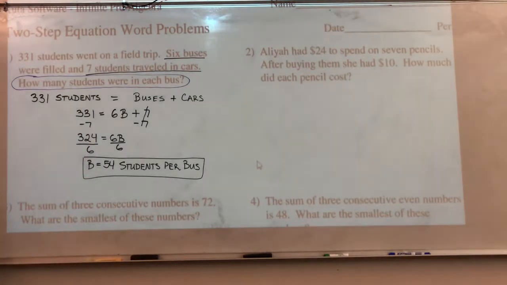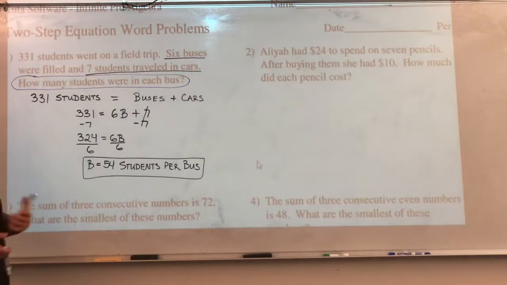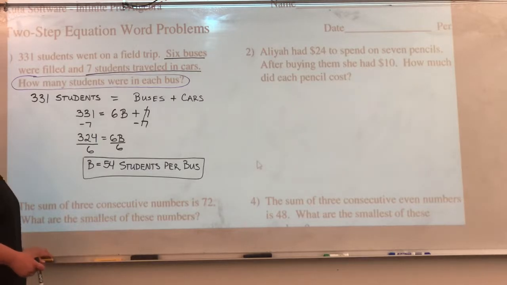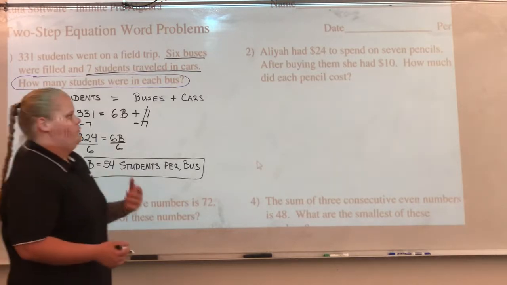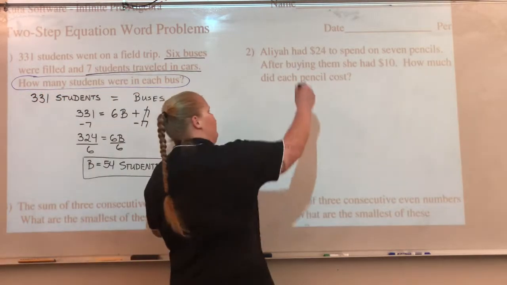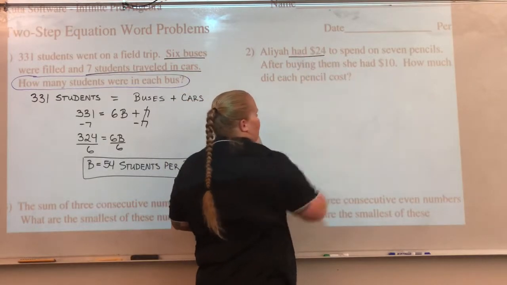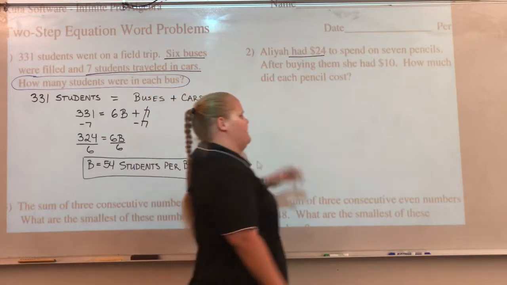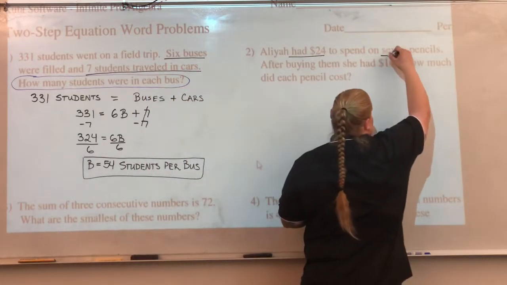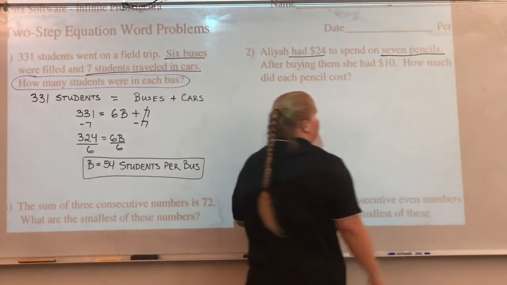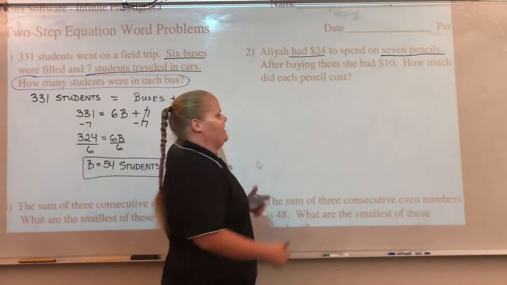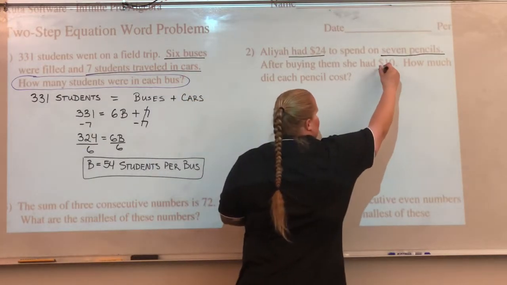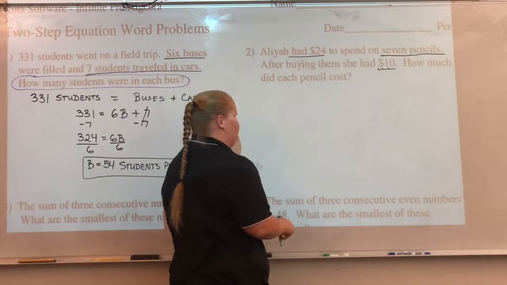It says Aaliyah had $24 to spend on 7 pencils. After buying them, she had $10. How much did each pencil cost? Okay, so we know a few things. She had $24. She spent some of the money on 7 pencils, and after that she had $10.